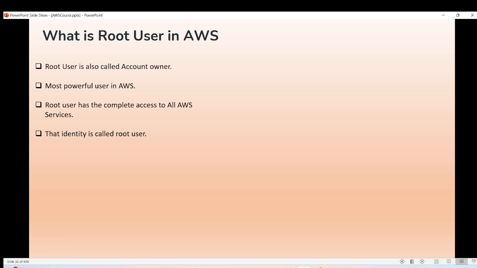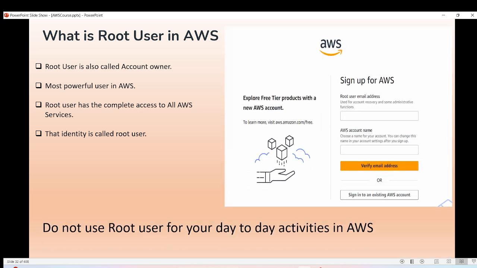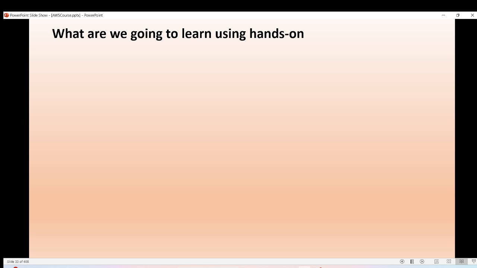And the best practice is to create an admin user and then, through the admin user, perform all the tasks like creating roles, creating EC2 instances, etc. So the admin user runs the account. And the best practice is to not use the root user for your day-to-day activities in AWS.